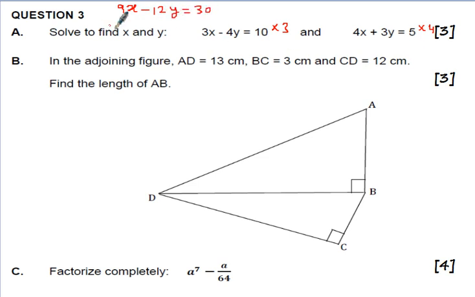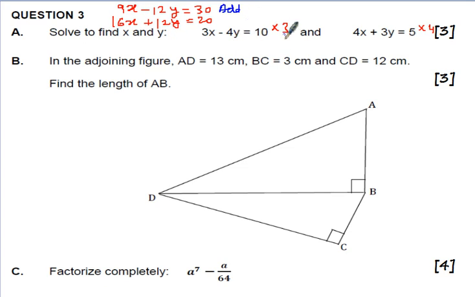Other one becomes 16x plus 12y, because we are eliminating y, is 20. Now they are having opposite signs. So on adding, add 3 and 4, so y gets cancelled.